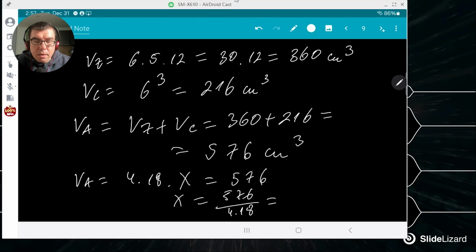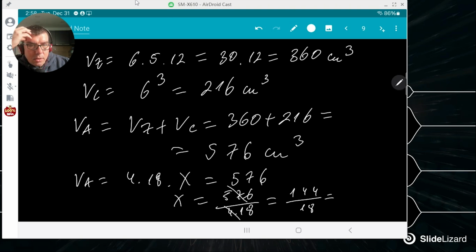And you know from my previous videos, we just reduce. 576 is divisible by 4, so we reduce this fraction by 4. Let's see, what is 576 divided by 4? 5 divided by 4 is 1, we get a remainder of 1. 17 divided by 4 is 4 with a remainder of 1, and again 4. 144 over 18.